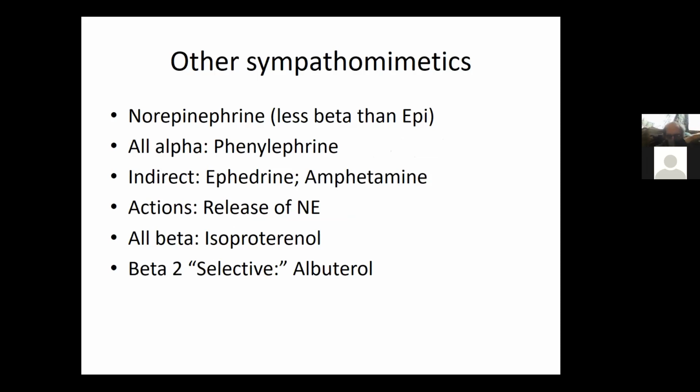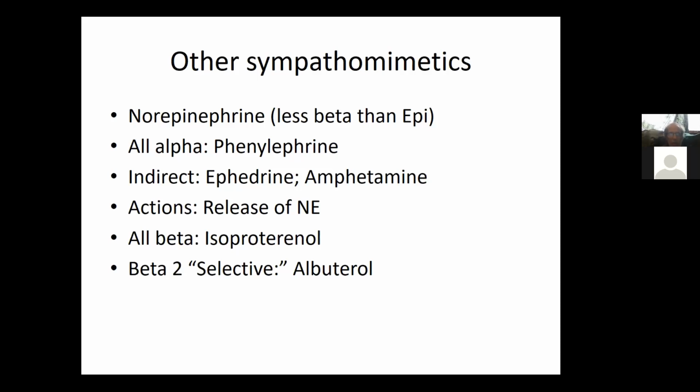So this, excuse me, next slide, entitled Other Sympathomimetics, is where we were a few minutes ago, really, when we were talking about the effects of agents in terms of appetite suppression.